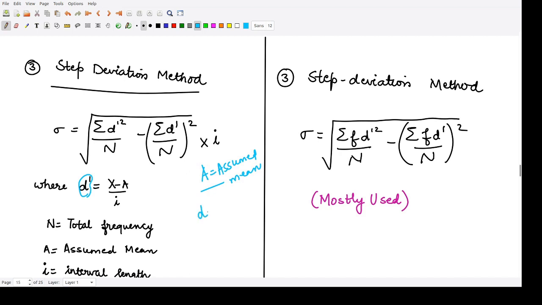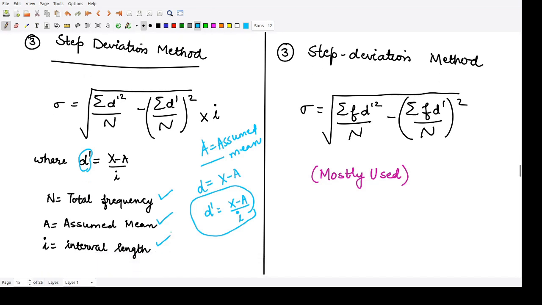First we calculate small d, that is the given data minus the assumed mean, and then we calculate d dash, that is the given data minus the assumed mean divided by the interval length, that is i. So n is the total frequency, a is the assumed mean, i is the interval length. And the formula here is the same, but now it is d dash instead of d.